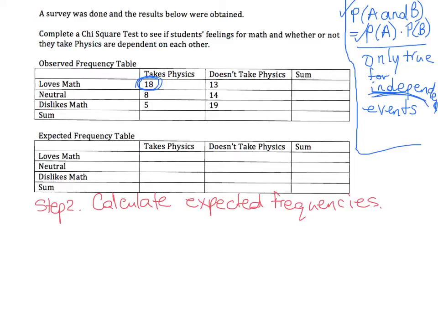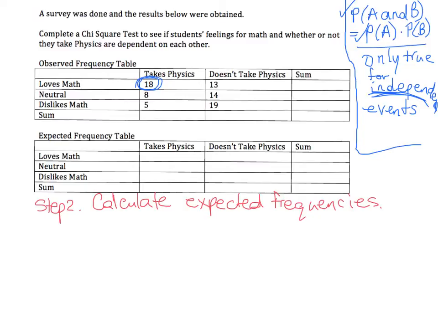If that was a little over your head because I didn't go into too much detail, don't worry about it. But now it's time to come back and completely get everything I'm saying. Okay, so we are going to have to find expected frequencies.